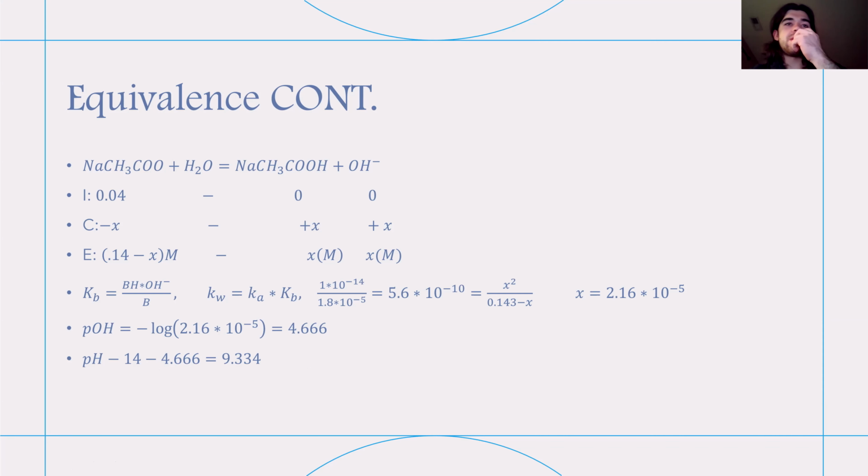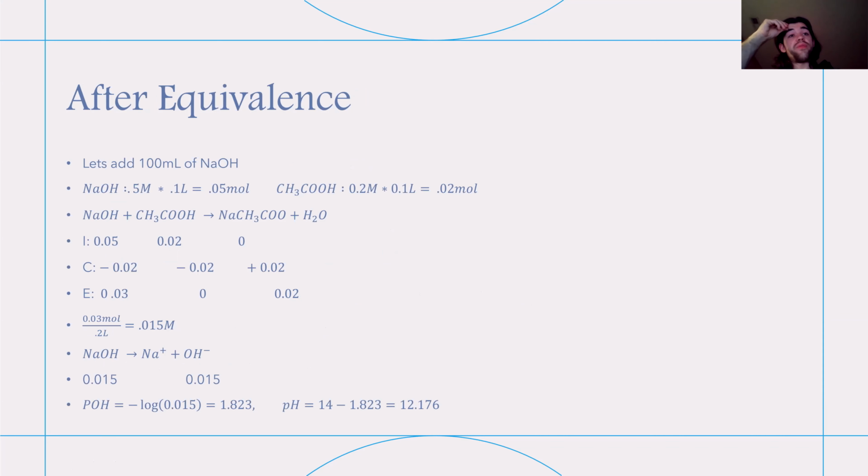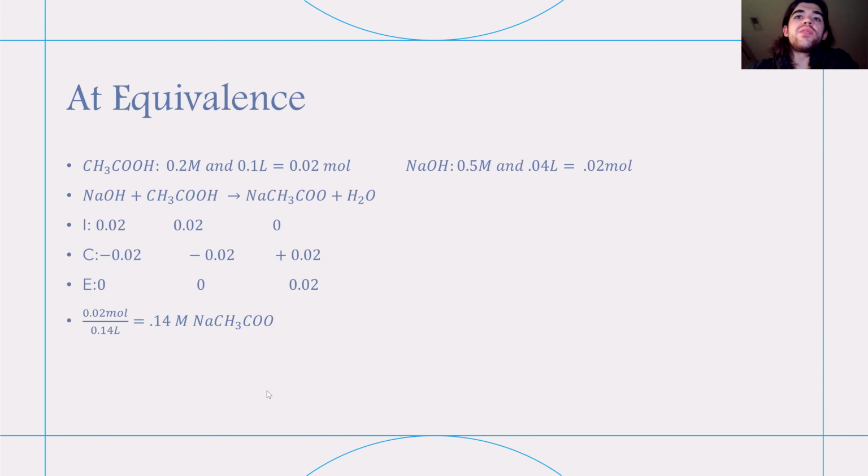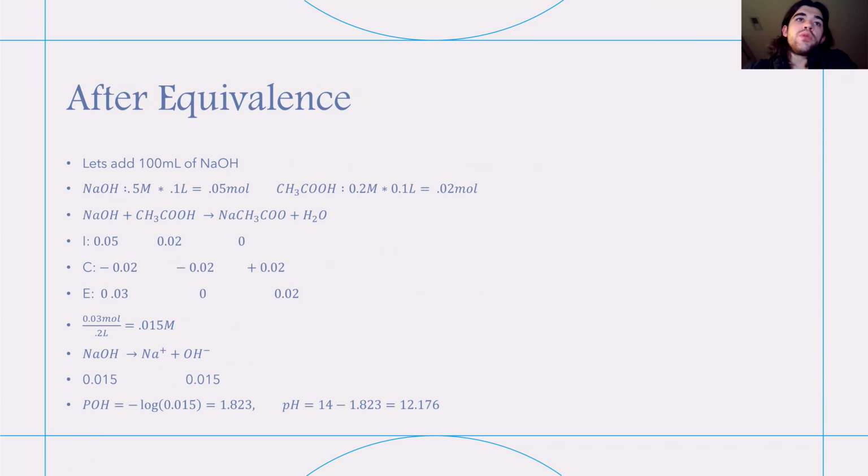All right. Now, going to after equivalence. So we know for equivalence, going back a little bit, we only need 0.4 liters of NaOH, sodium hydroxide. Now, after equivalence, we're going to add 100 milliliters, so 0.1 liter, which should be just a little bit over double the amount. So this should be well after equivalence.